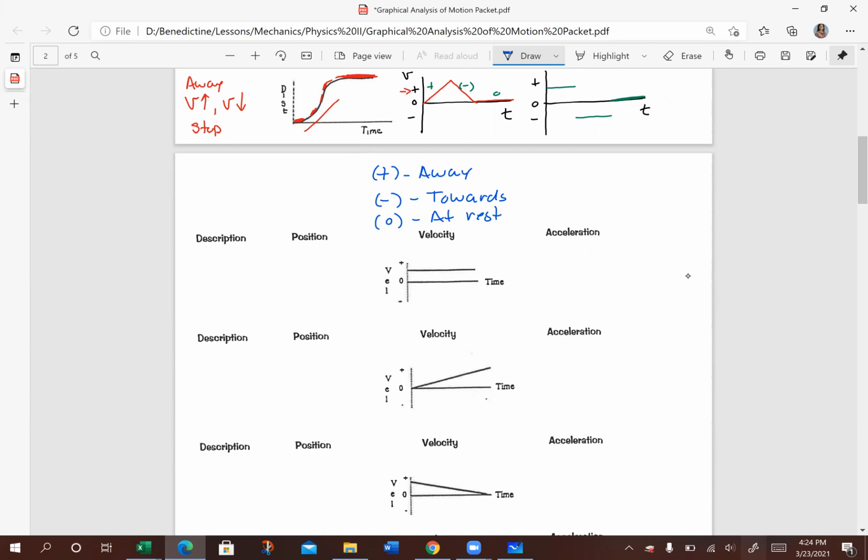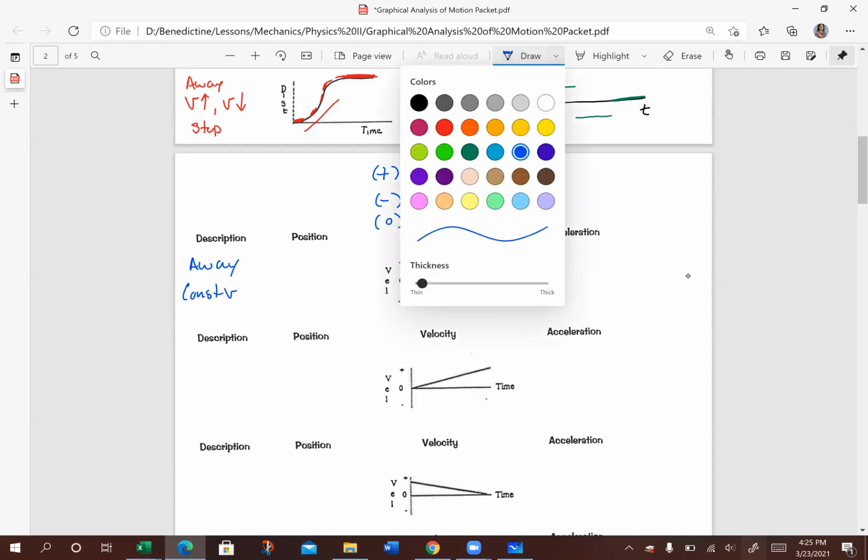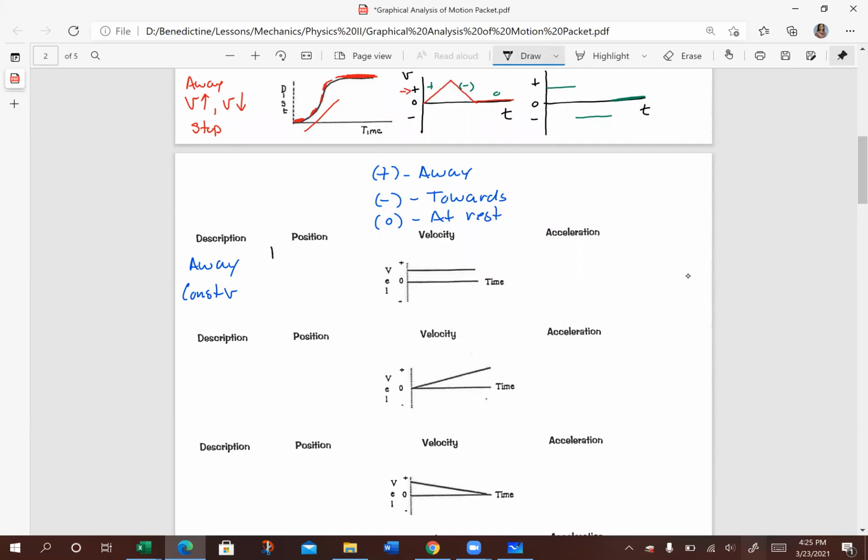So this has a constant positive value. So I'm moving away with a constant velocity. So my description here should say away, constant velocity. So when I do my position graph, position versus time can only be positive. Away means I go from these 2 points, and that's what you want to do.